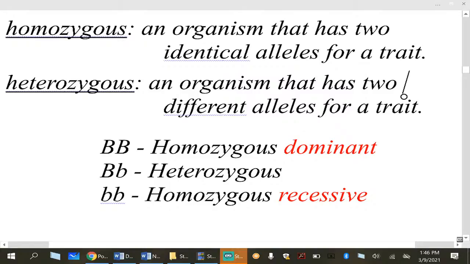So the total capital is, these would be two of the same. This one would be also. But this lowercase, you have one. These are different. They're not the same.